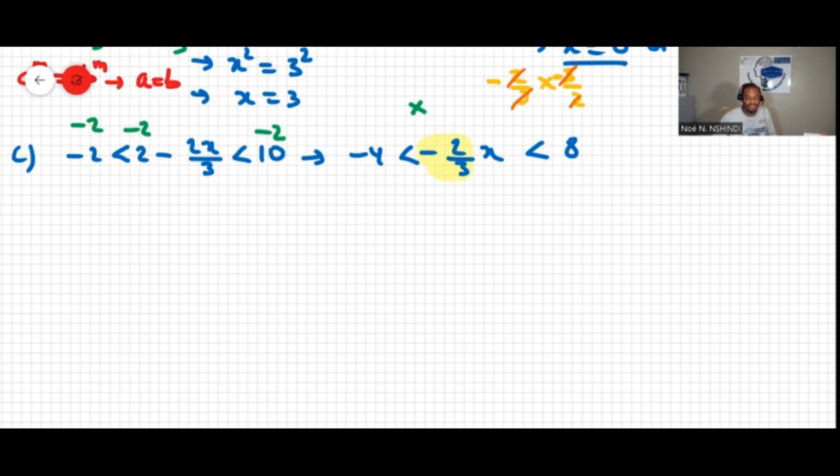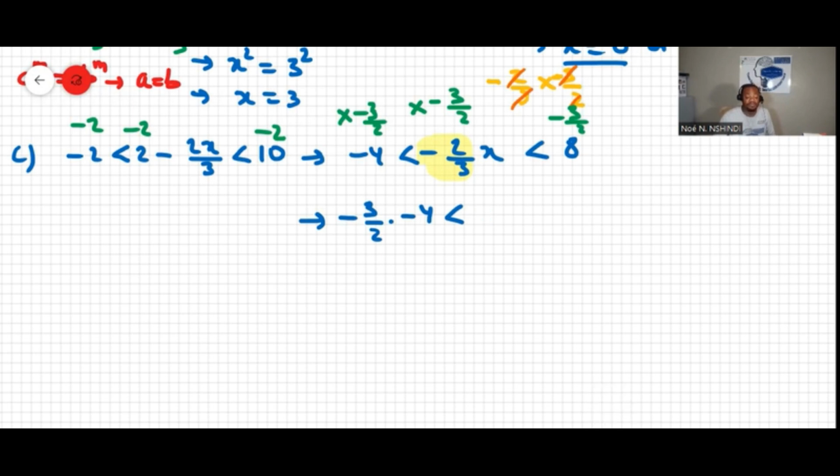So this is what I'm going to do. Over here, I multiply by -3/2. I multiply there also by -3/2, and there also by -3/2. Now, doing that, this will become -3/2 multiplied by -4, and so on.